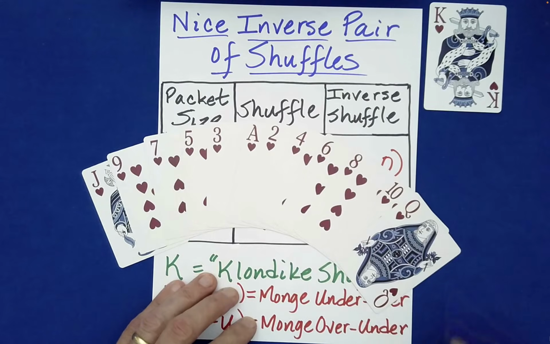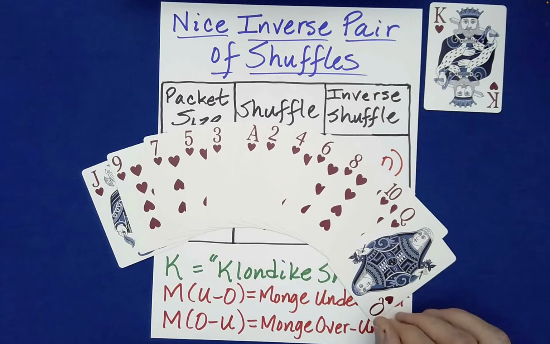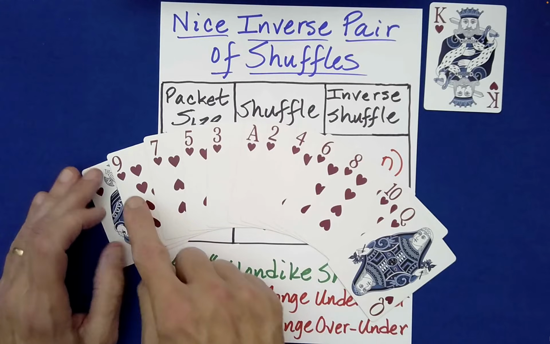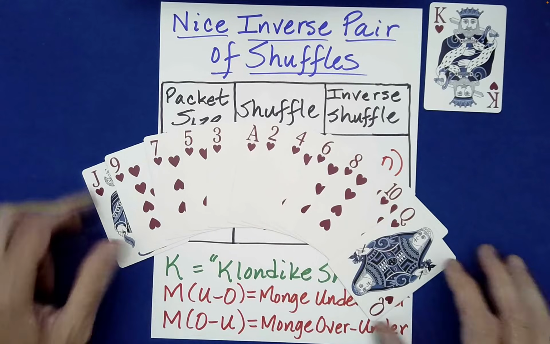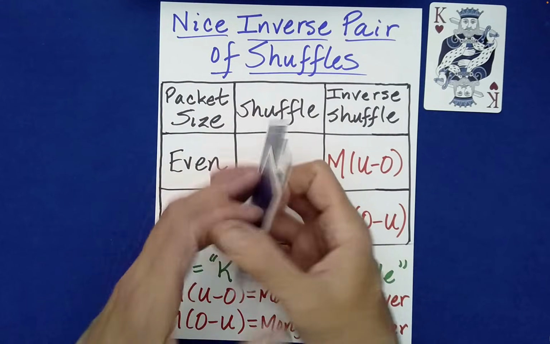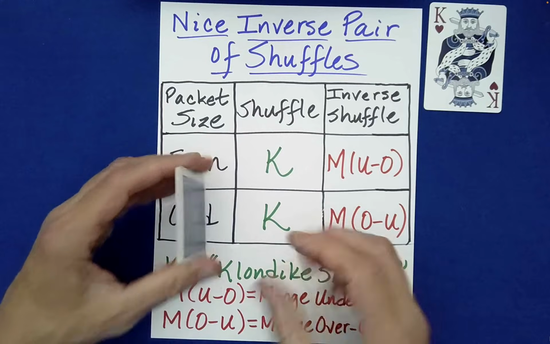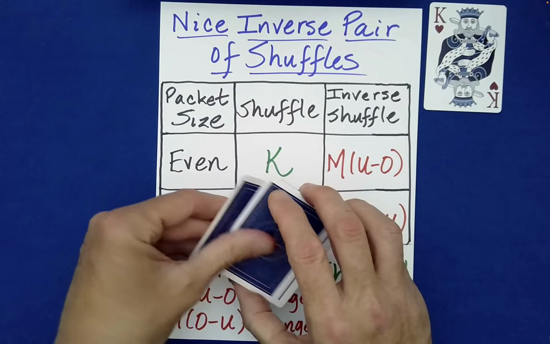Now the cards may not look quite as mixed up as they did after the Klondike, because of course you see the odds over here and the evens over here. But if we follow that up with the Klondike, it's going to essentially reset the packet again.